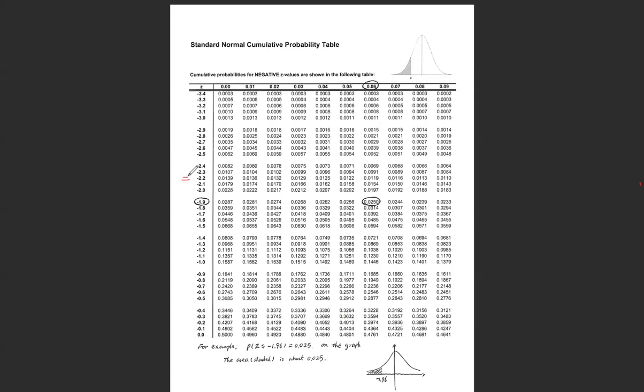This column here, and then up to 8. Where's 8? This one here. So negative 2.28 gives us the corresponding probability, 1.13%.